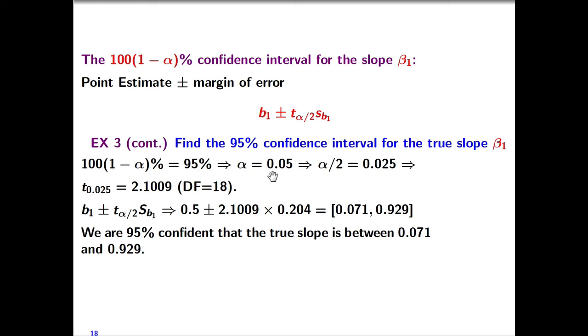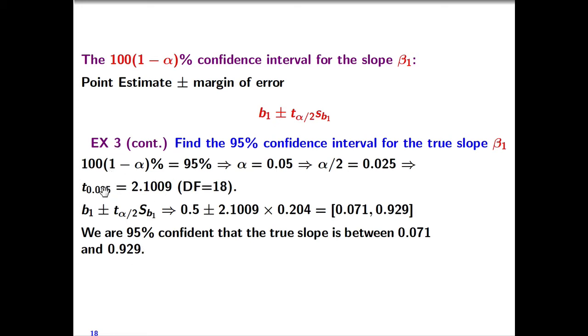So alpha equals 0.05 and alpha over 2 equals 0.025. The degrees of freedom is n minus 2, which in this case is 18. So from the t-table, t of 0.025 is equal to 2.1009 from the previous slide.